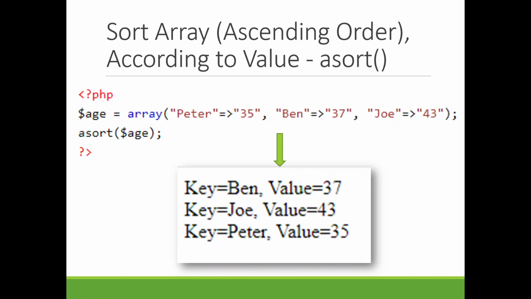Then here we have asort. So anywhere where you see A, you remember it's for associative array. So we have this associative array here. So this will sort in ascending order, depending on the key, not value, depending on the key.